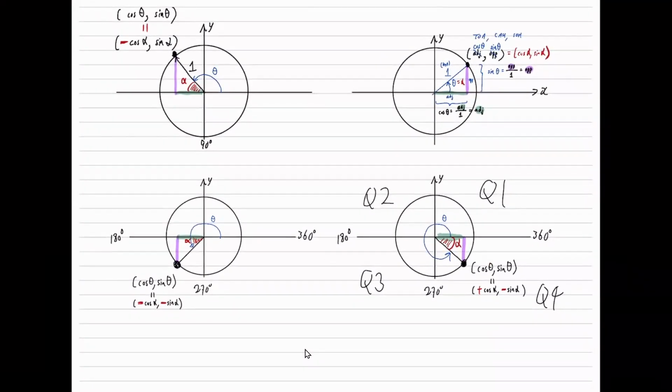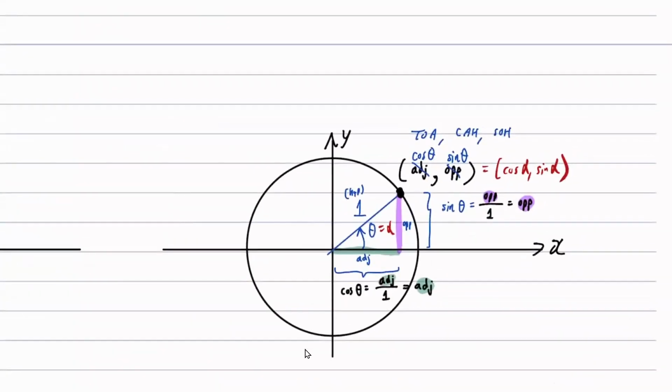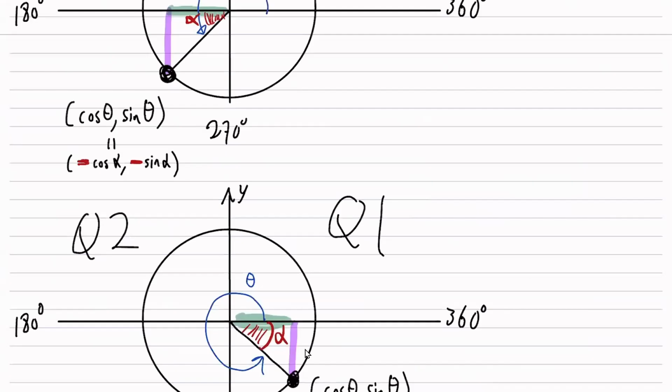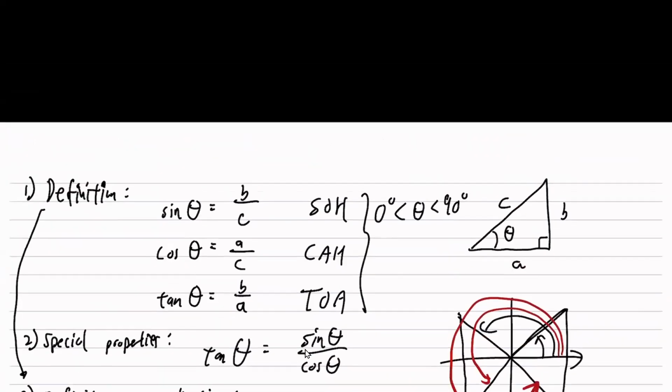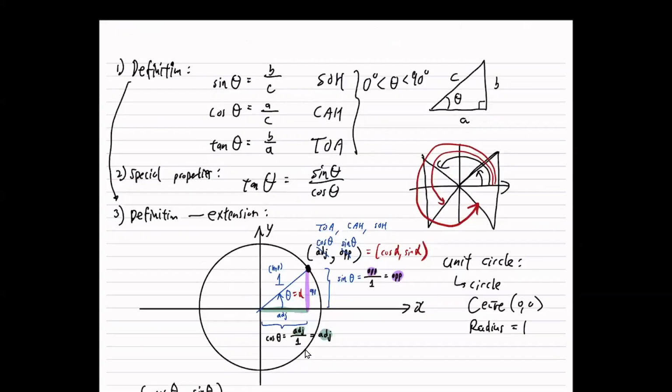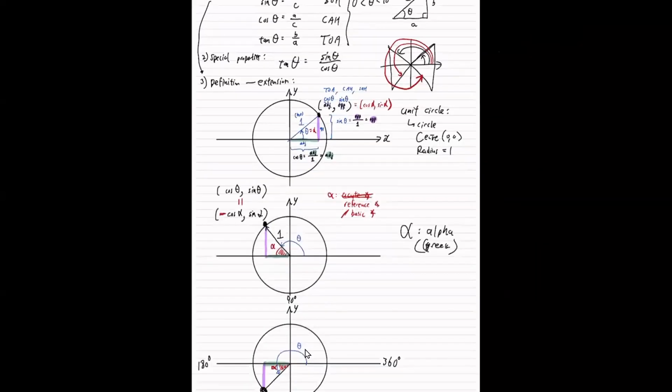What I'm trying to bring up here is that you realize that actually here, which ones are positive? Cosine and sine positive, right? How about tangent? Now let's say, what is tangent of theta? I hope you remember the special identity I told you at the beginning. Right over here, special property, tangent theta is sine theta over cosine theta, or opposite over adjacent. We're just going to use sine over cosine. It's a standard formula.